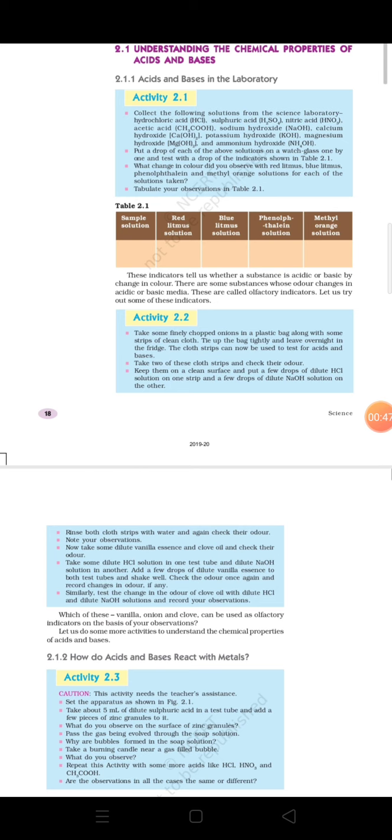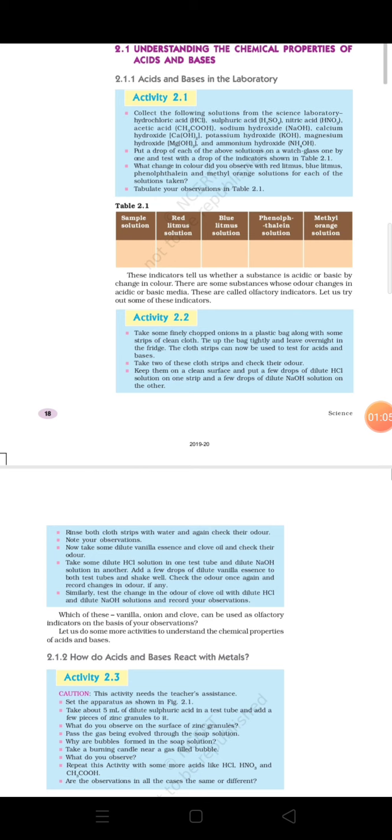So the first four, HCl, H2SO4, HNO3 and acetic acid, these four are acids, whereas the last five, NaOH, CaOH twice, KOH, MgOH twice and NH4OH, these five are bases.